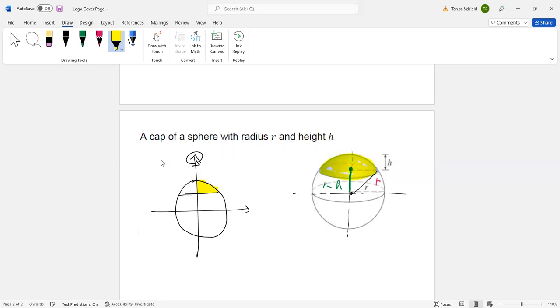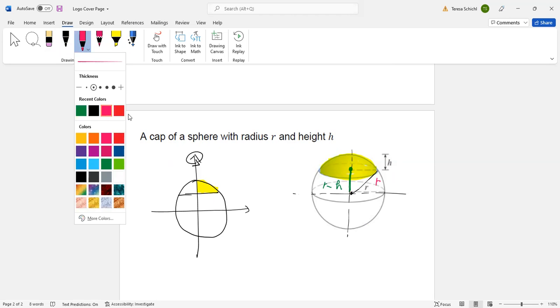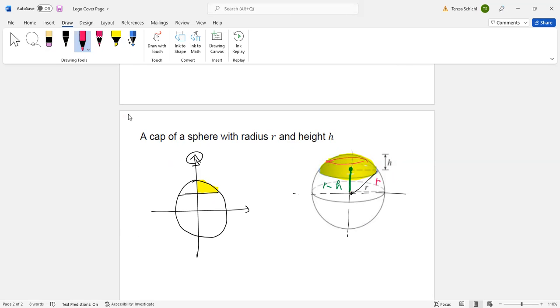So now we know that if I'm rotating, I can use the slice method. When I slice it, I will get circles.